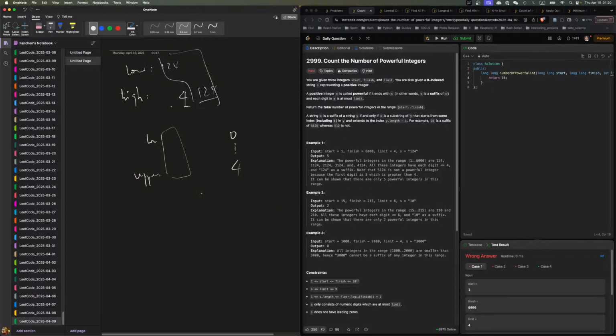Right. In this case, lower bound is 15. And we have the suffix needs to be 10.